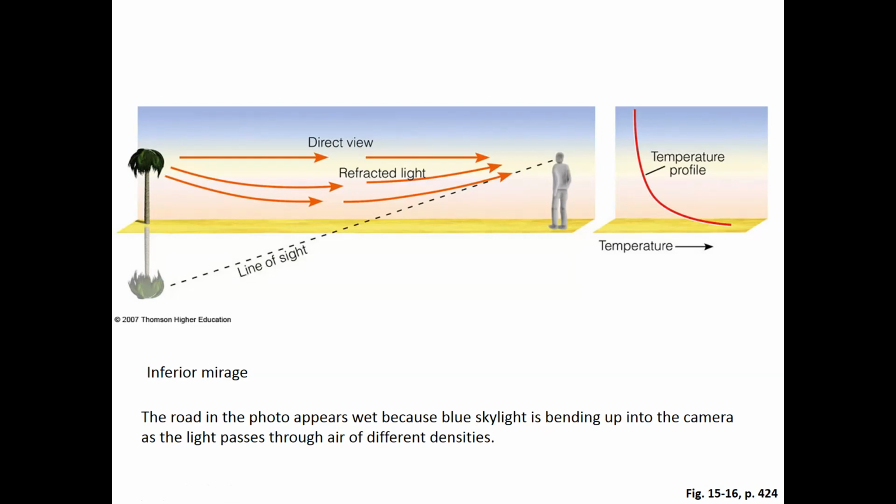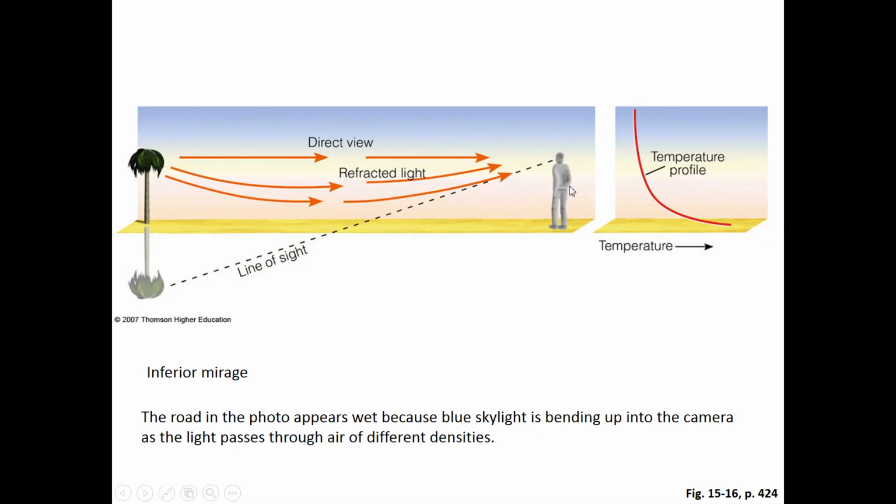And in fact, if the ground is very, very hot, therefore the density difference between the surface and the air a few feet above the surface is very great, that angle of refraction, that bending, can be so great that that light that was heading towards the ground will bend back up.